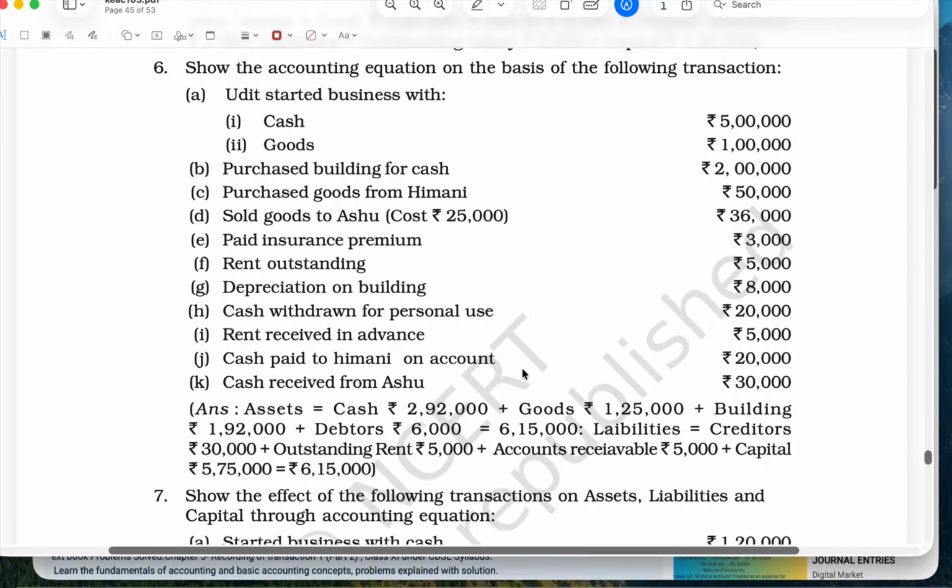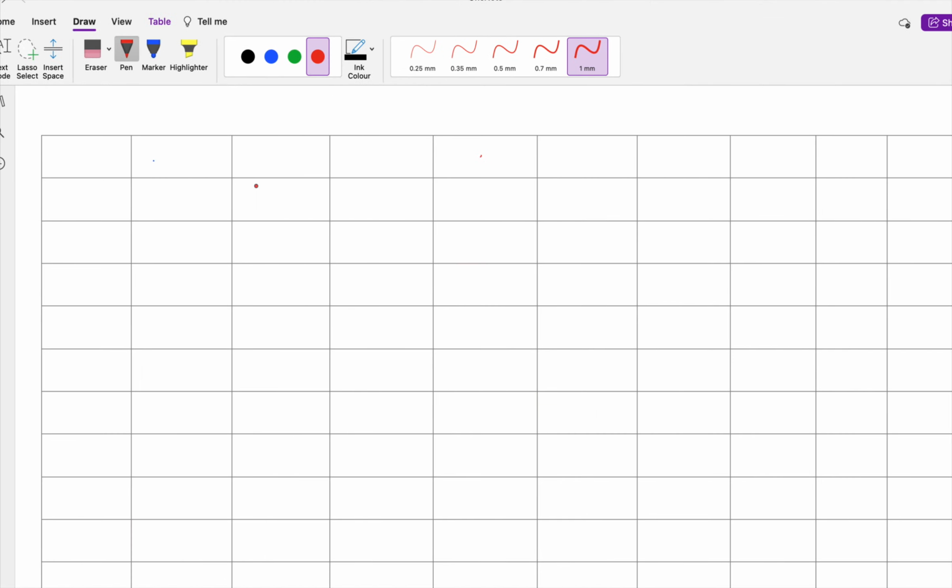Problem number 6. Show the accounting equation on the basis of the following transaction. So Udit started a business with cash and goods.